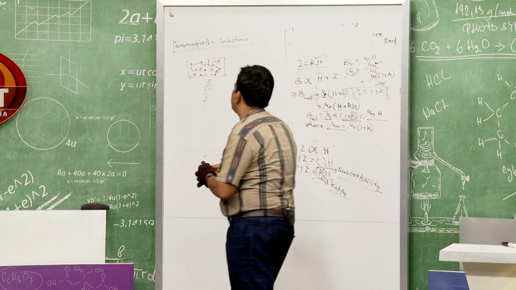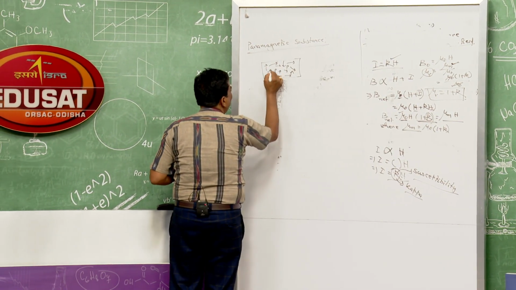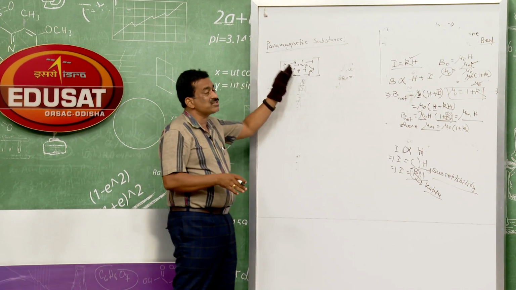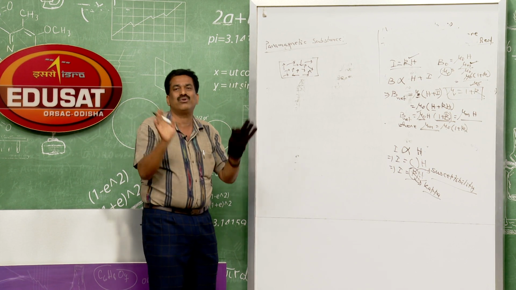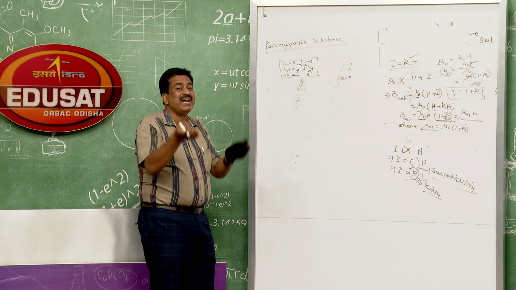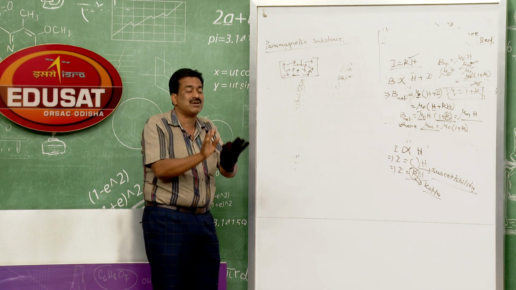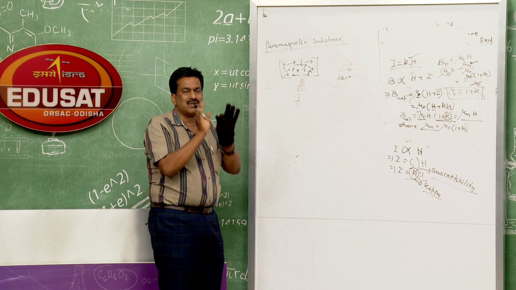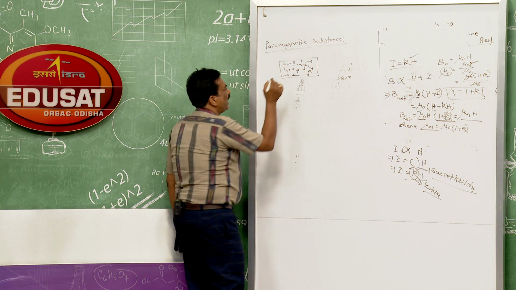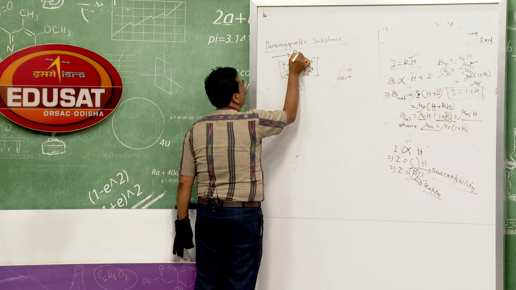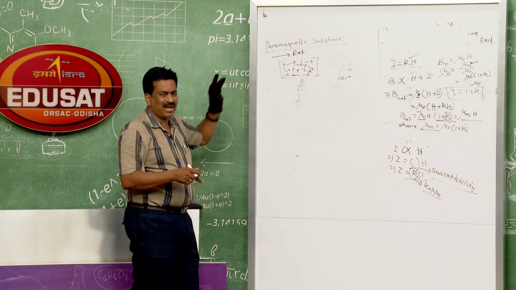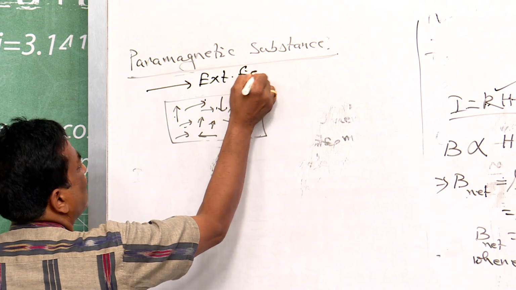But here it is observed that these are the dipole moments of different atoms, but the resultant is not 0. Means if you take a paramagnetic substance, it itself possesses some dipole moments. Some dipole moments already exist in that substance, and some external field is applied.